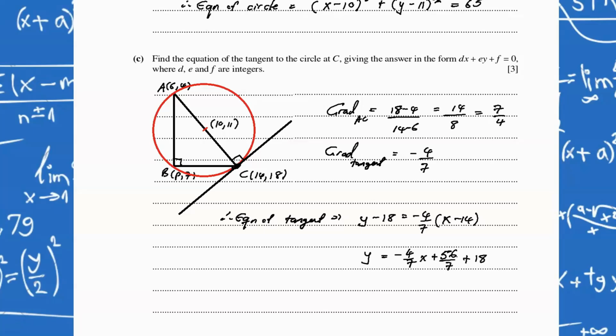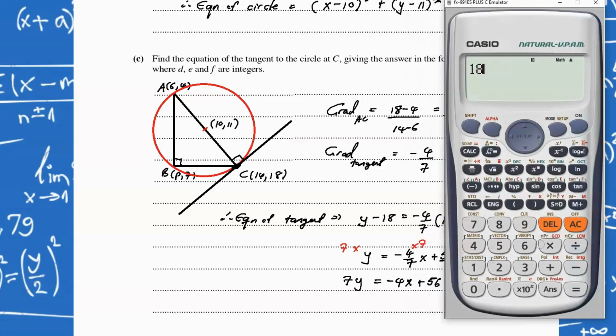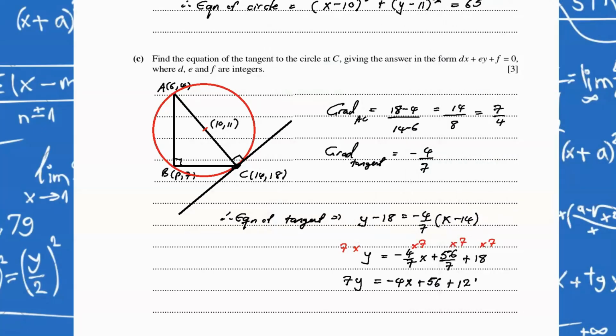And we're going to multiply all of them by 7, so we'll be having 7y is equal to minus 4x plus 56 plus 18 times 7 is 126, and 56 plus 126 is 182. So if we take everything to one side, we'll be having 4x plus 7y minus 182 equal to 0. And that's the answer we get right here.